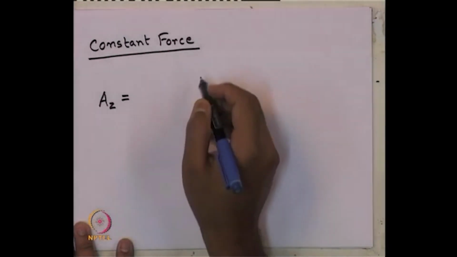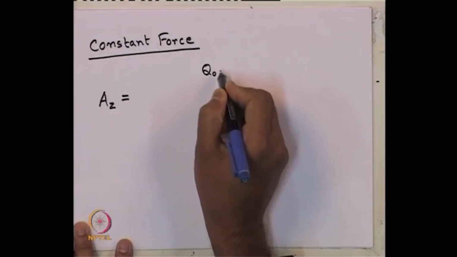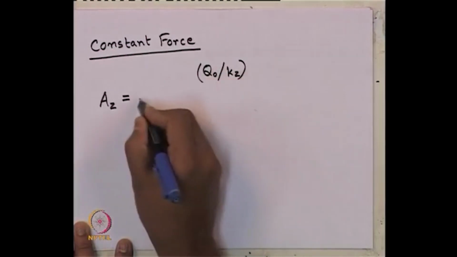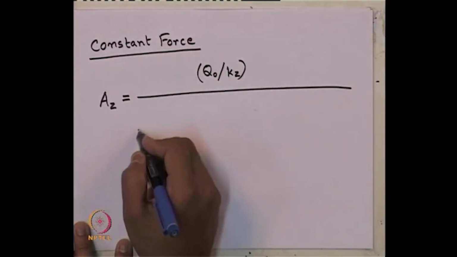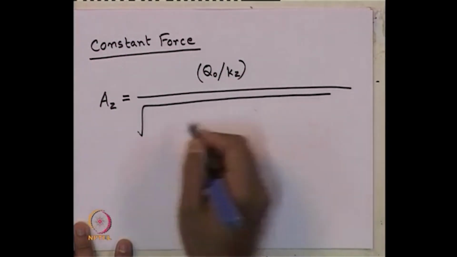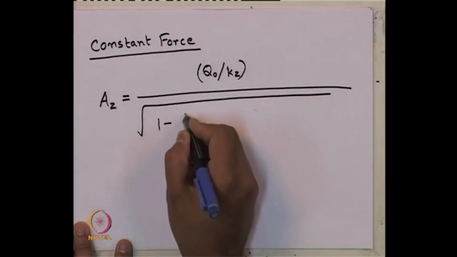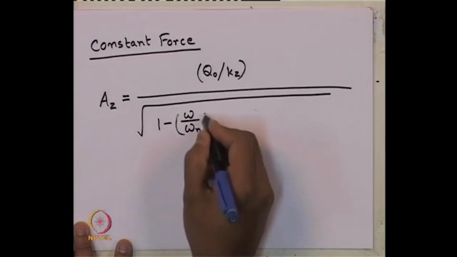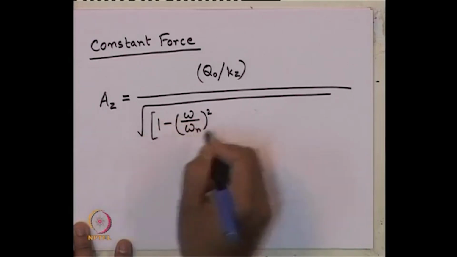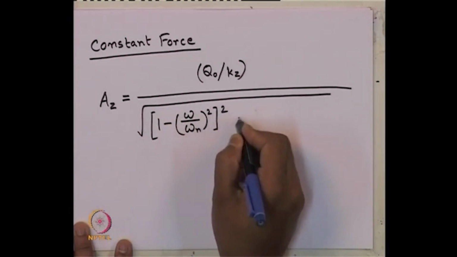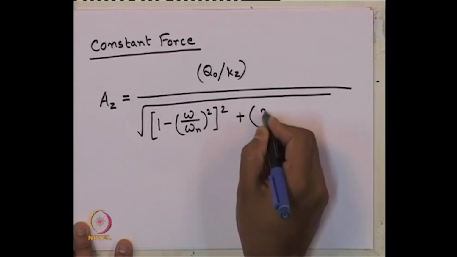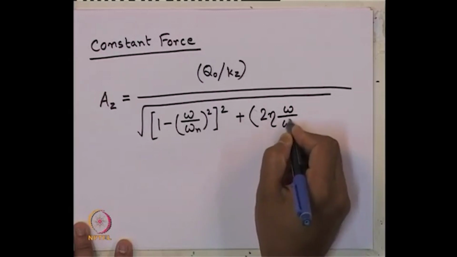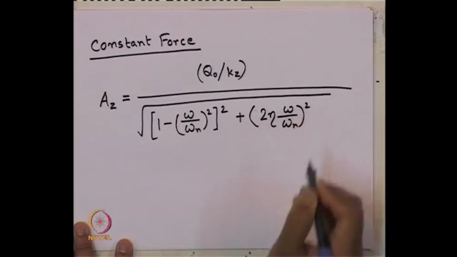That is given as q naught by Kz, root over 1 minus omega by omega n whole square plus 2 eta omega by omega n whole square.